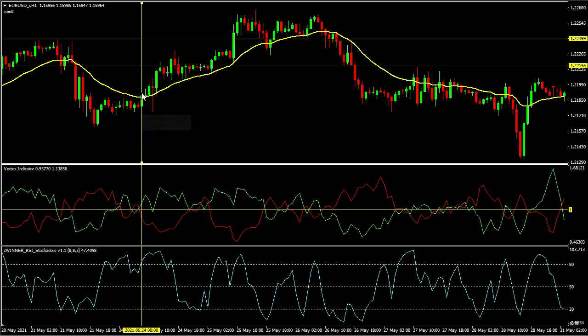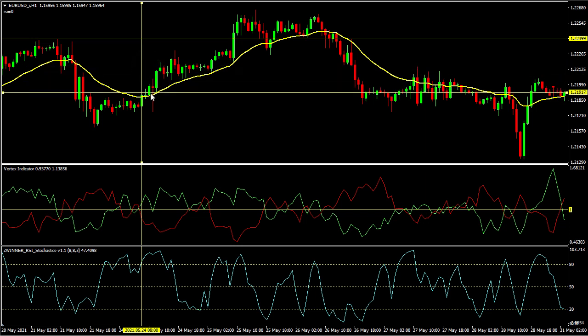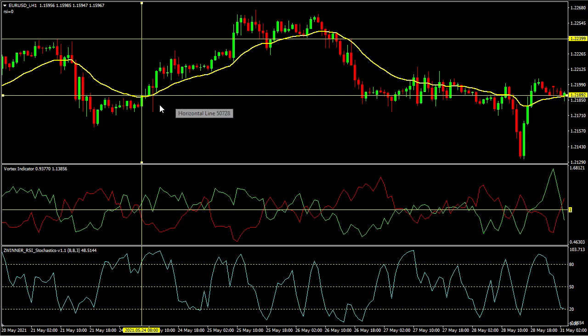Now this candle goes above it, and you're getting the signal here also to buy, and here to buy. So at the open of the next candle, you will buy here, at 1.2189, and then you will put your stop loss here.